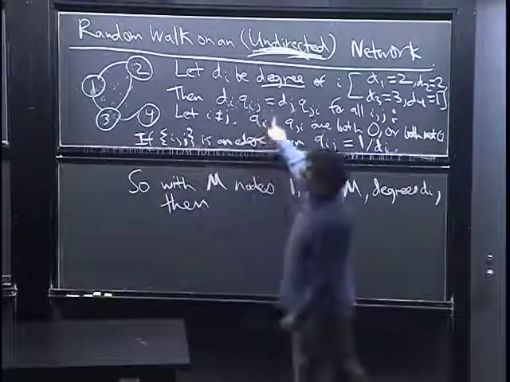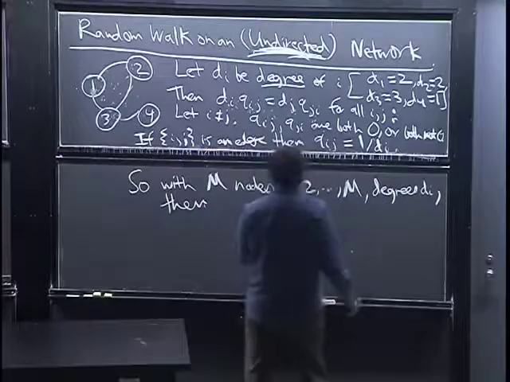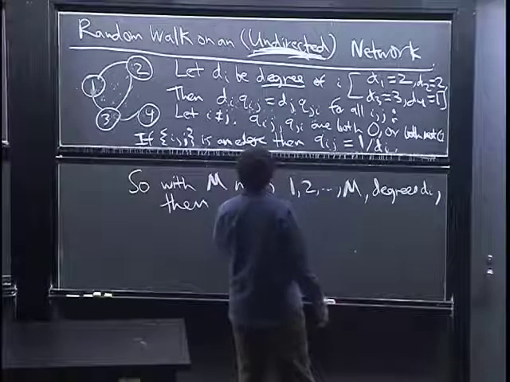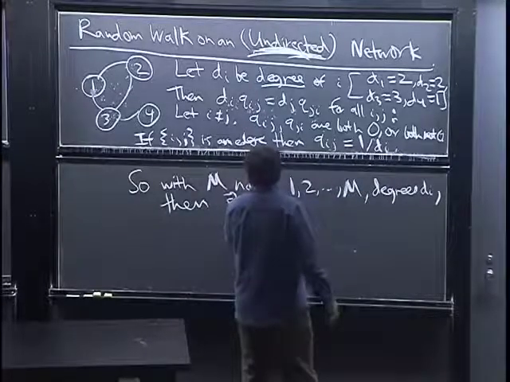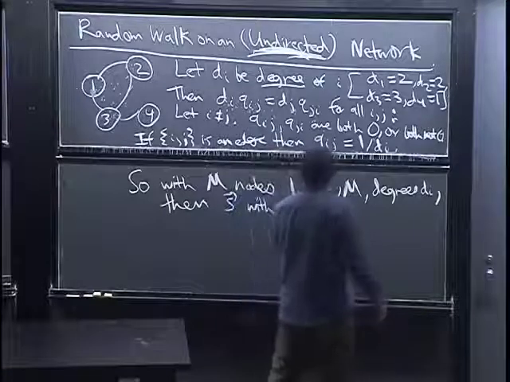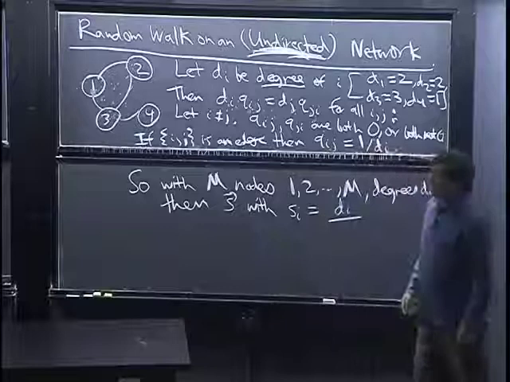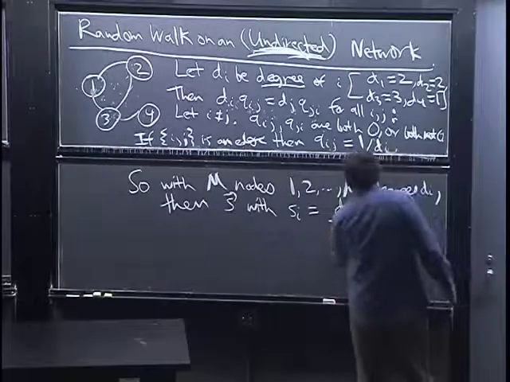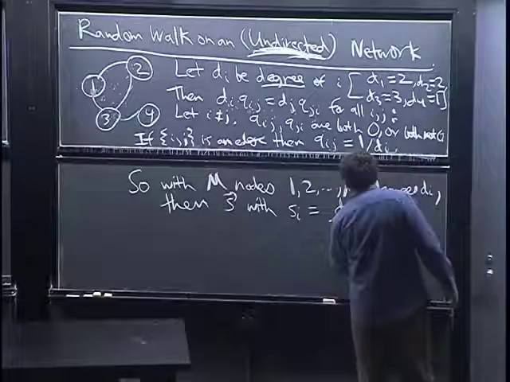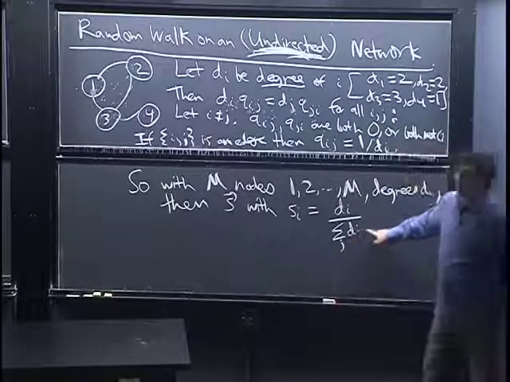Then just by this equation, it follows that if we let s_i be proportional to the degree, so d_i divided by the sum of all the degrees, where j is a dummy variable summing over all the degrees.